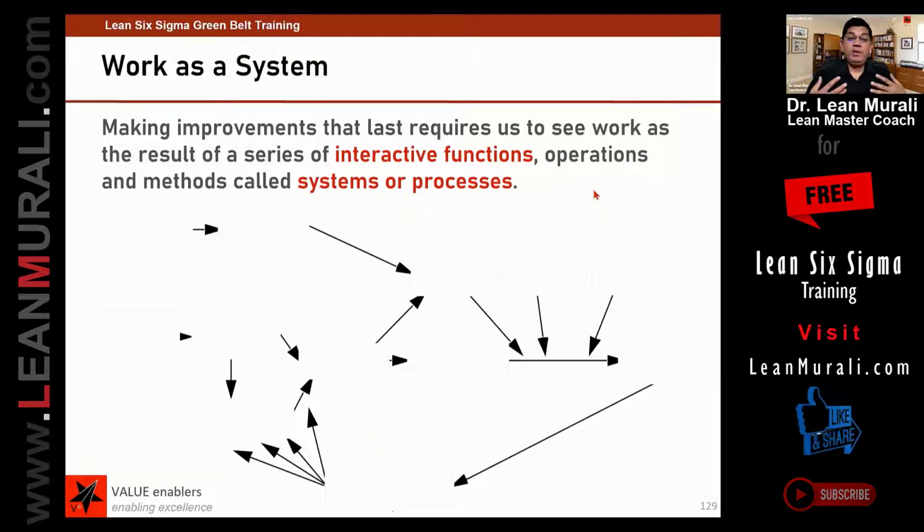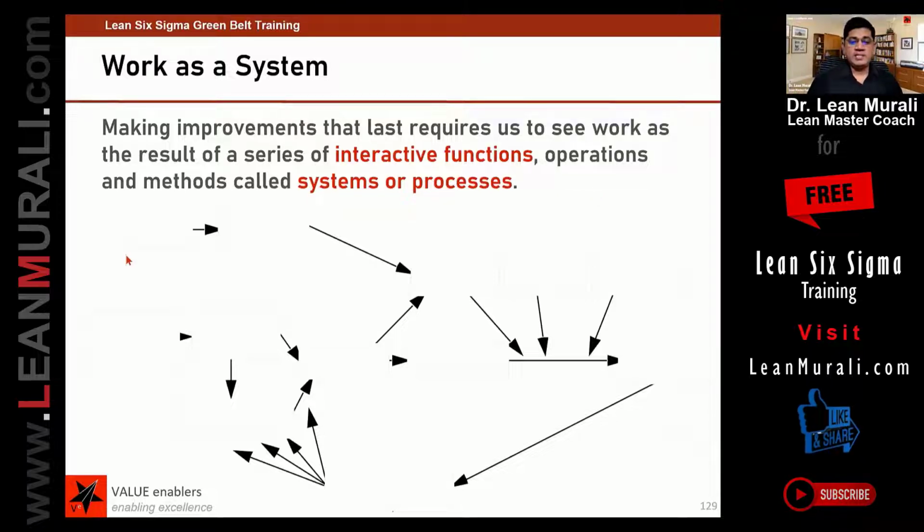We behave as though we are all separate functions, silos. I call it silos, or you can also say we work as islands. We don't function as interactive functions, and that is one of the major reasons for the local optima. Everybody tries to be efficient at the cost of others. We make somebody else inefficient in the process.